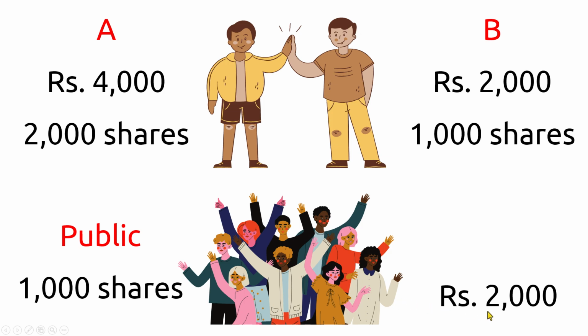In reality, this is not how a company goes for an IPO. This is not how a company operates. So we will go to the second case which depicts the reality of going for an IPO.